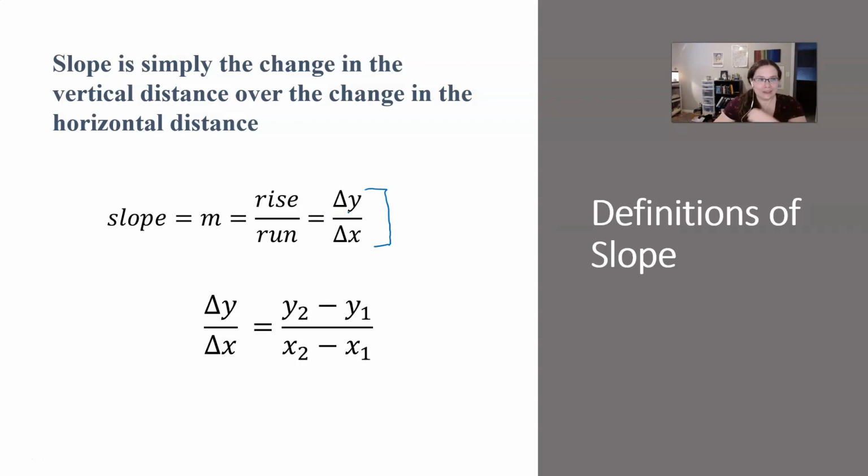The triangle is actually a capital Greek symbol called delta, and that triangle means change in. So how did y change divided by how did x change? Another way to write this would be y2 minus y1 over x2 minus x1.